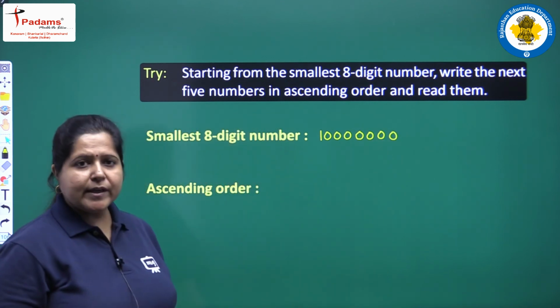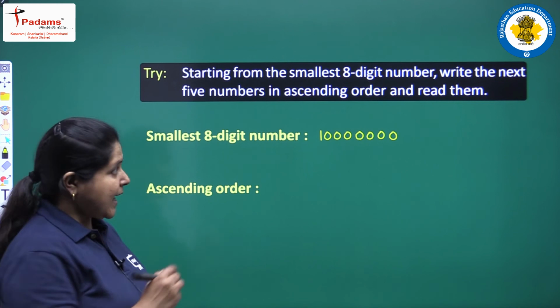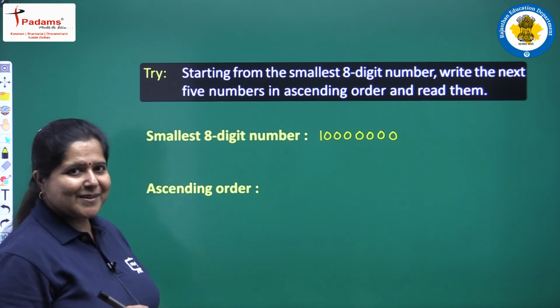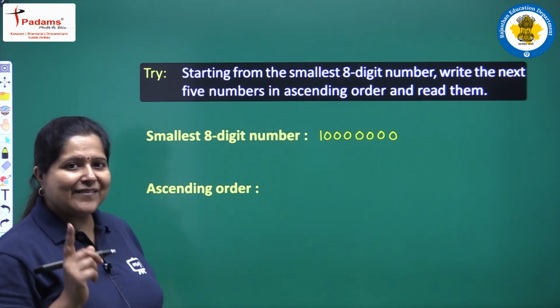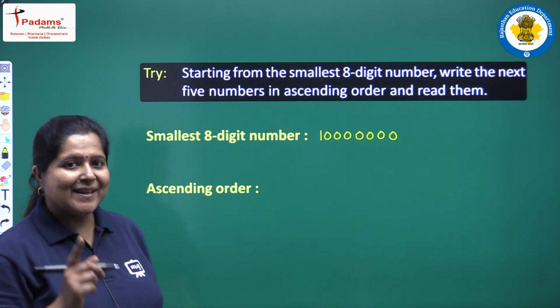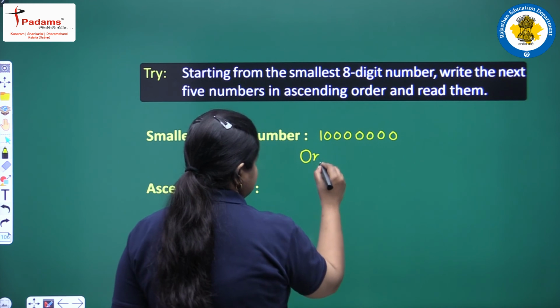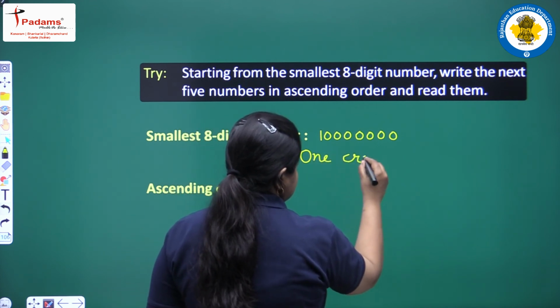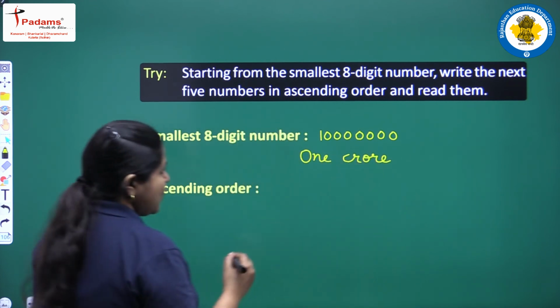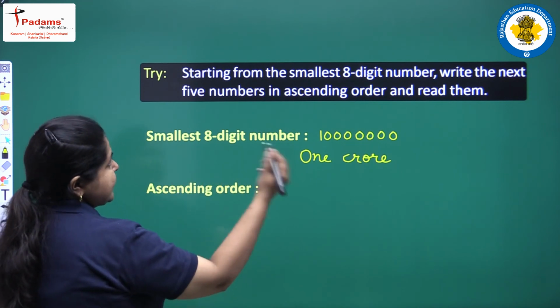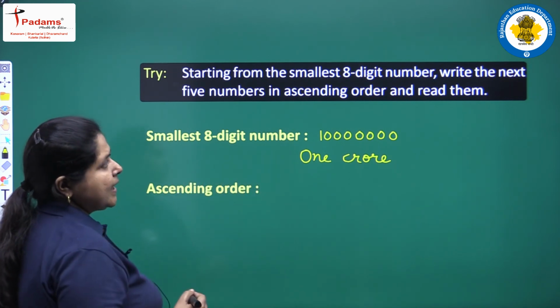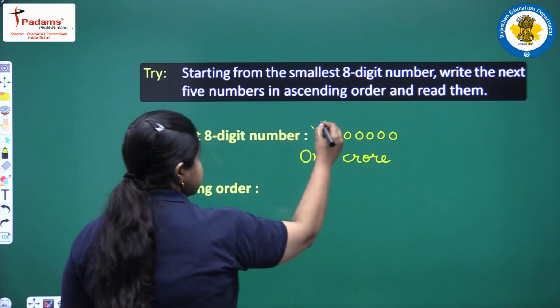So this is the smallest 8 digit number and it has 7 zeros. Which number is this with 7 zeros? Yes, it is 1 crore.